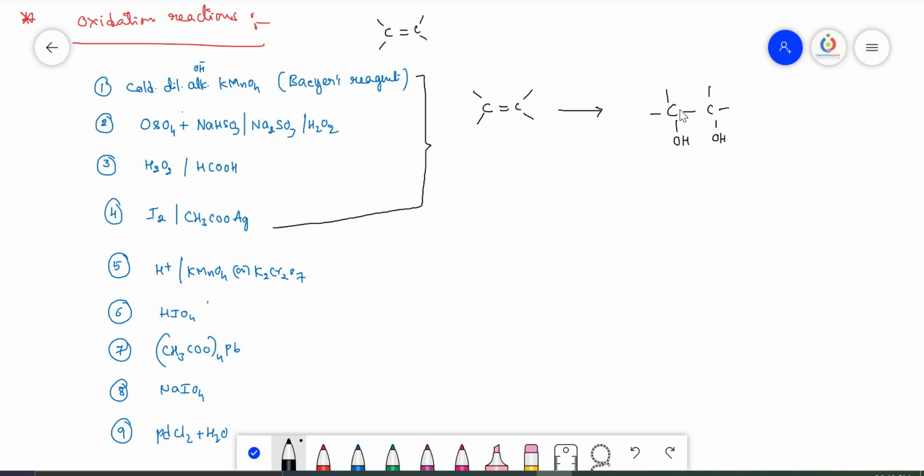If two OH groups are placed on adjacent carbon atoms, these are called glycols. So this all gives the glycols.